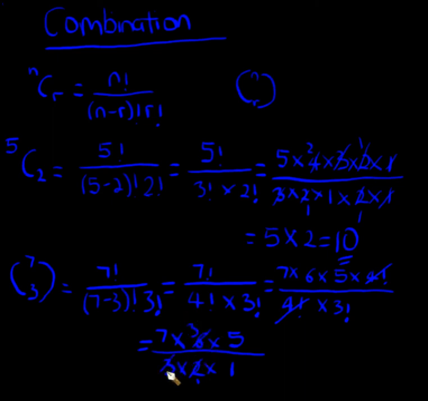And 3 into 3 gives us 1. So in the end, we are left with just 7 times 5, right? 7 times 5. And in the end, 7 combination 3 gives us 7 times 5, which is equal to 35. Is that clear? Yes, it is.